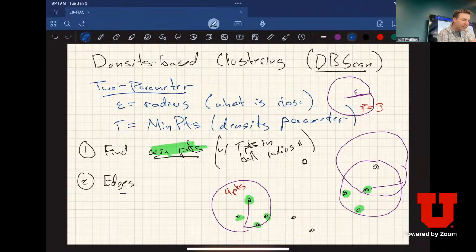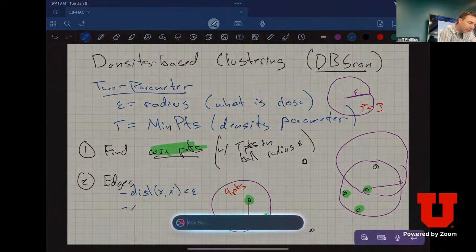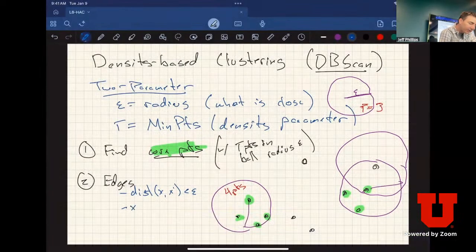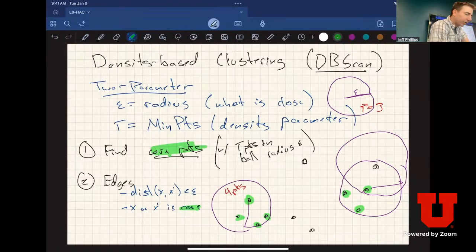One is that the distance between a pair of points, x and x prime, is less than epsilon, the same radius of the ball, and x or x prime is core. So I need at least one of the two points to be core.